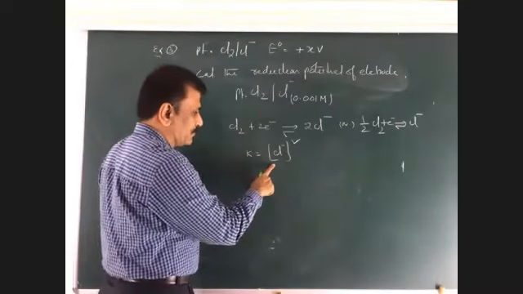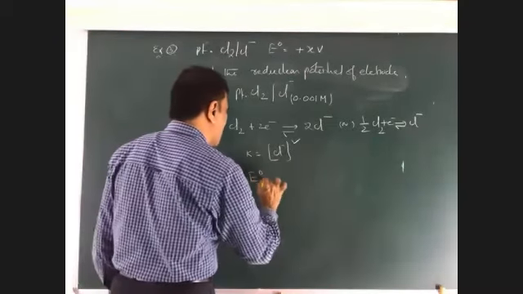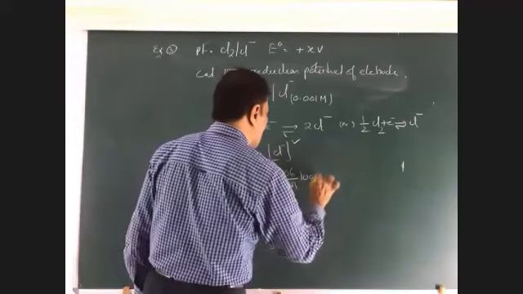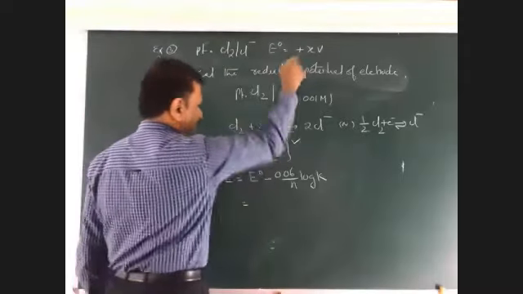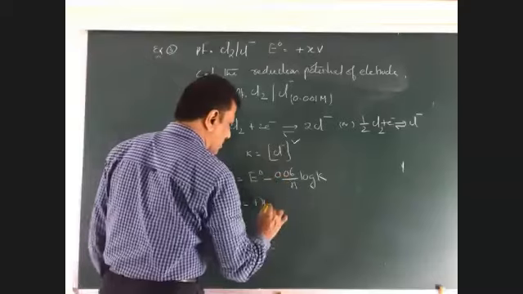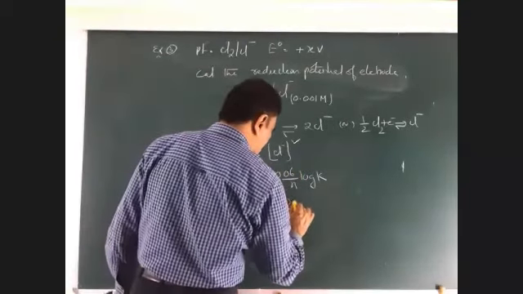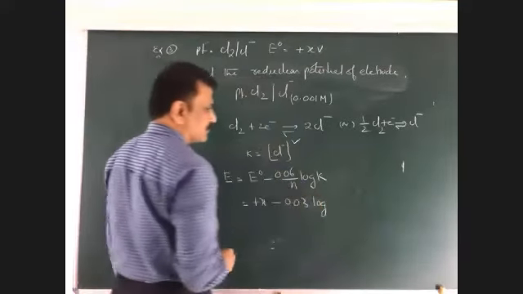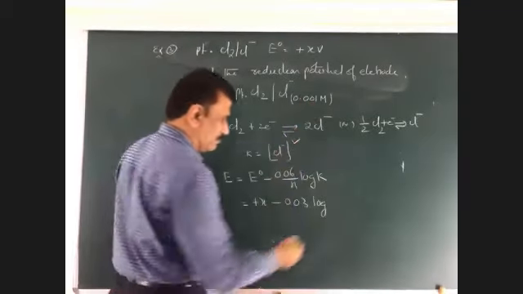Right? Now substitute this. E is equal to E0 minus 0.06 by N into log K. What is E0 value? Plus X volts. Plus X volts minus, N value 2, therefore this is 0.03 into log. This concentration is given how much? 10 power minus 3.